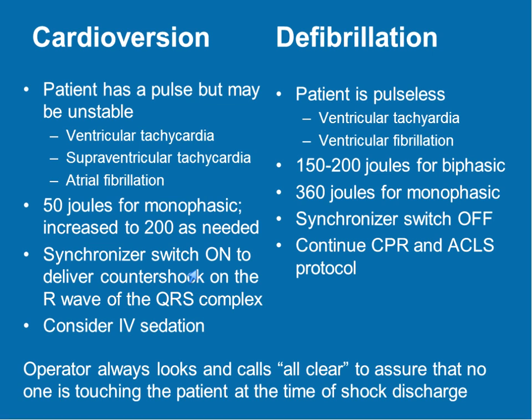The synchronizer switch has to be on, and what the synchronizer switch does is it identifies the R wave of the QRS complex and delivers the DC current on that R wave. What we're trying to avoid is the T wave, and we certainly don't want to deliver a DC shock on the T wave. That could put the patient in an even worse rhythm.